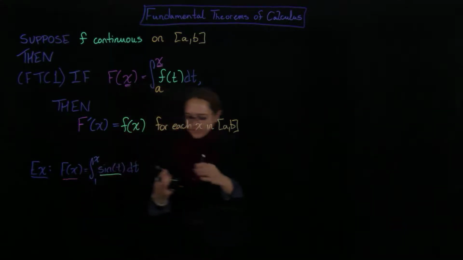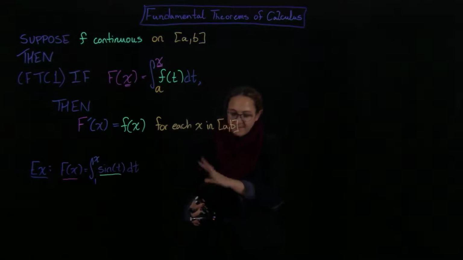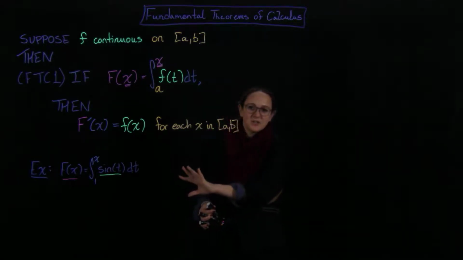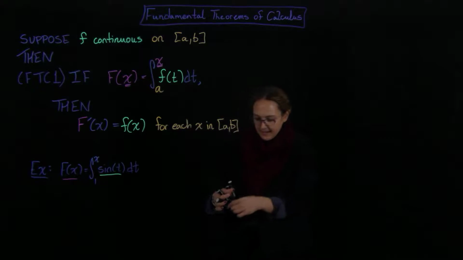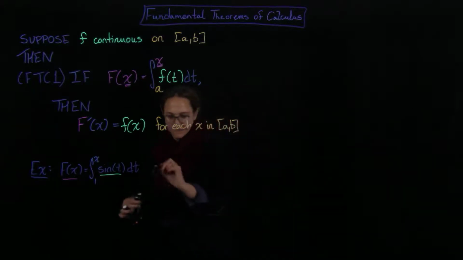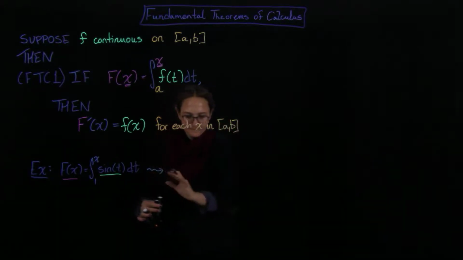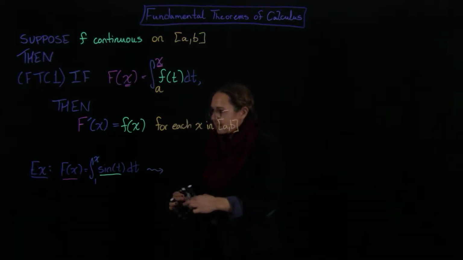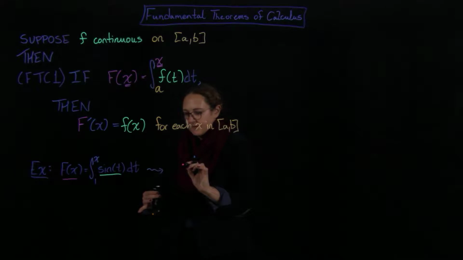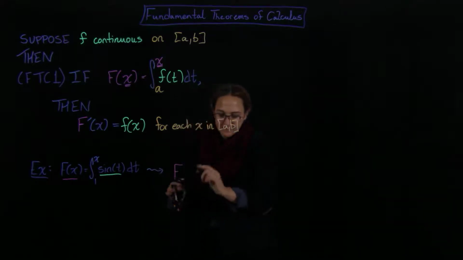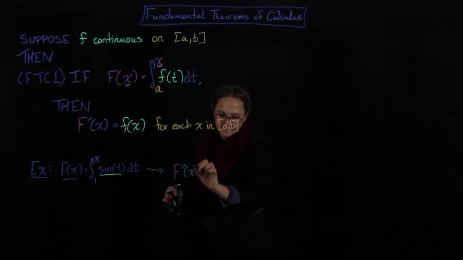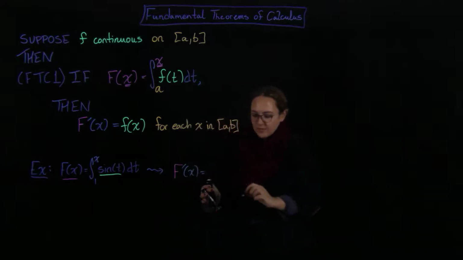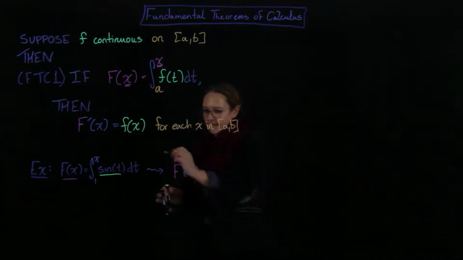So if I define f this way, defining the function f of x like that, then I have that the derivative of f is going to equal the function sine of x.